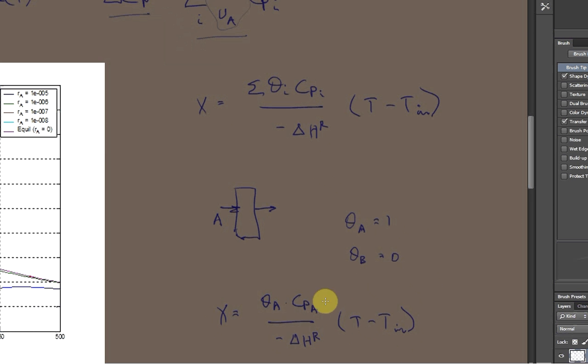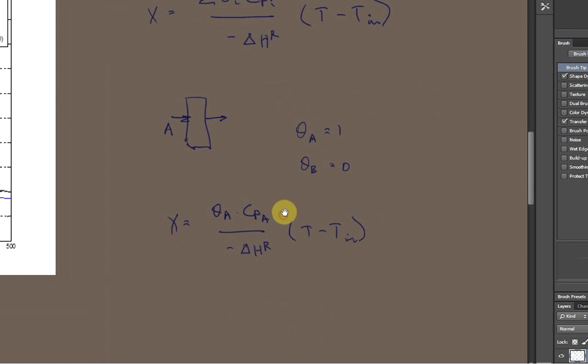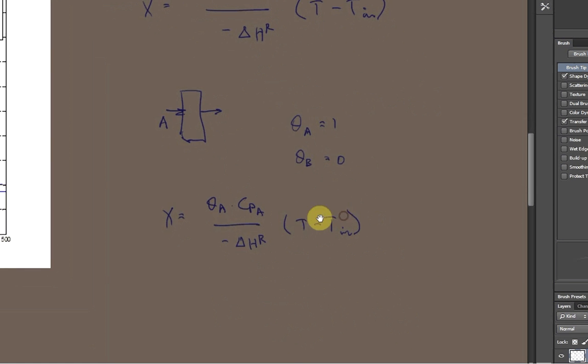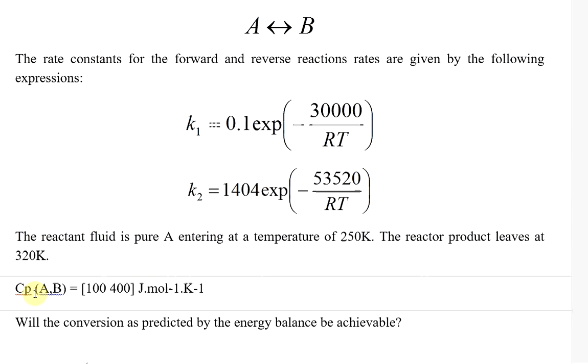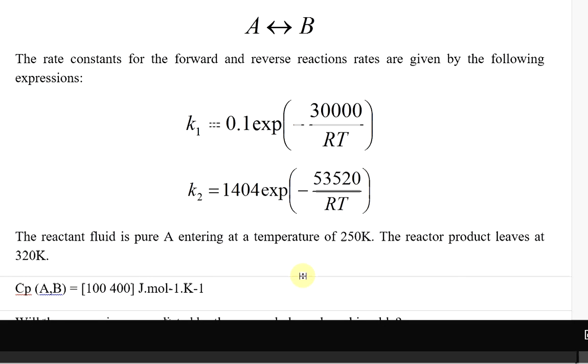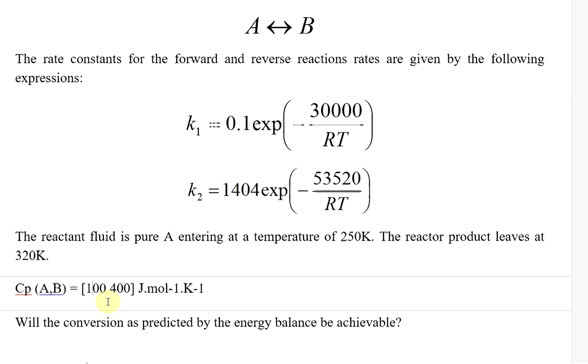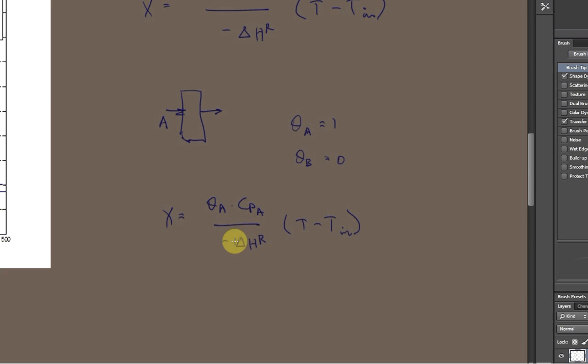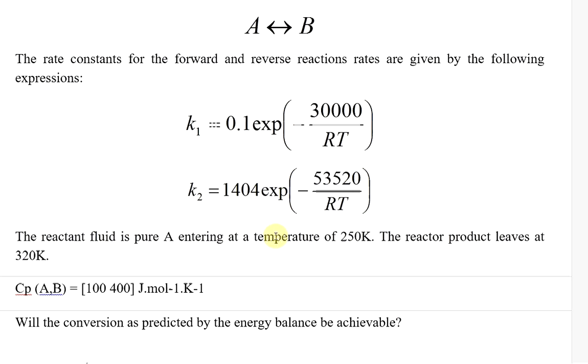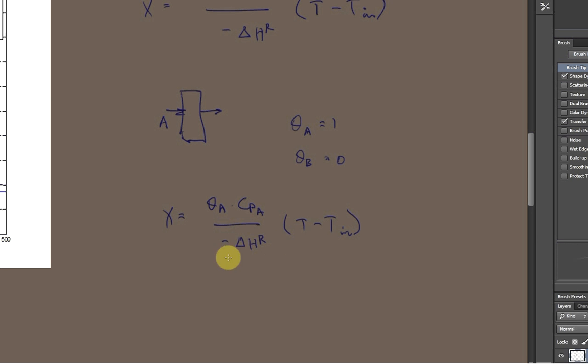And if we look at this equation, it's really easy to draw the line for this, because beta A is a known thing. And in fact, there's additional information in this question. So we've got the heat capacity of component A here, and we don't even need this heat capacity of component B. So it is given, but it turns out we don't need it for this equation. And of course, we do need the heat of reaction.